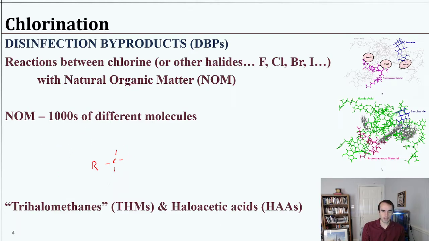Now, the trihalomethanes then is when you have, instead of hydrogens, you've substituted them with halogens. So it could be Cl on 3 of the groups, or it could be maybe bromines. So you could have R, C, and then bromines.